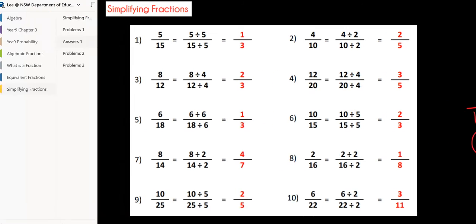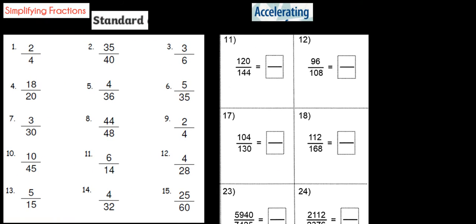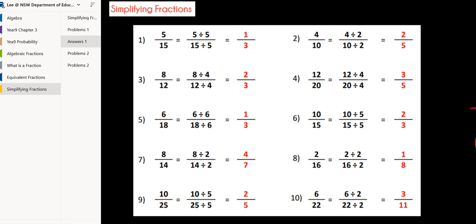Let's look at some more complicated problems. This time we need to divide by the highest common factor straight away. In the previous ones, we had the greatest common divisor.